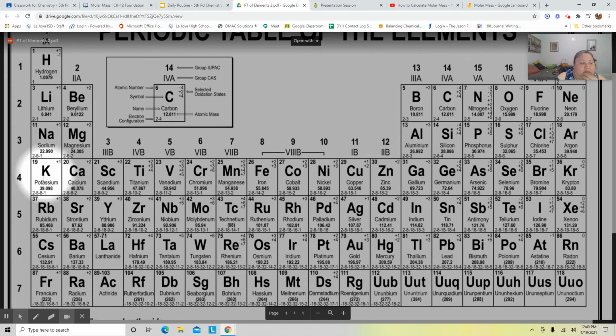K. What's the mass? Can somebody? Thank you. 39.098. It's a 0. I'm sorry, I had my little cursor on it. It's a 0. 0.98. 39.10, right? If you round correctly.